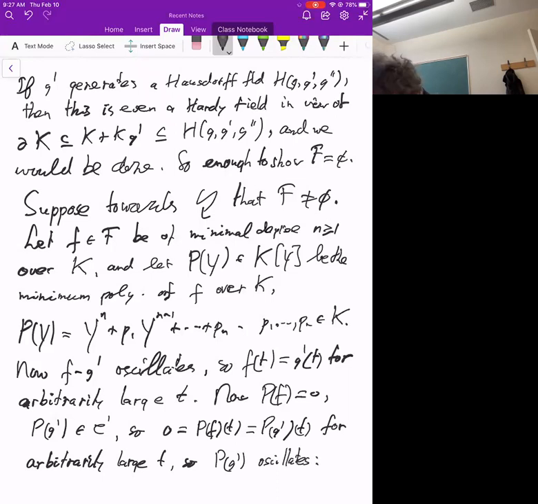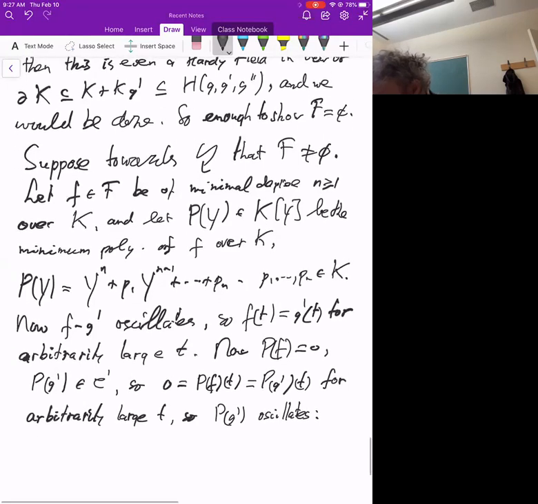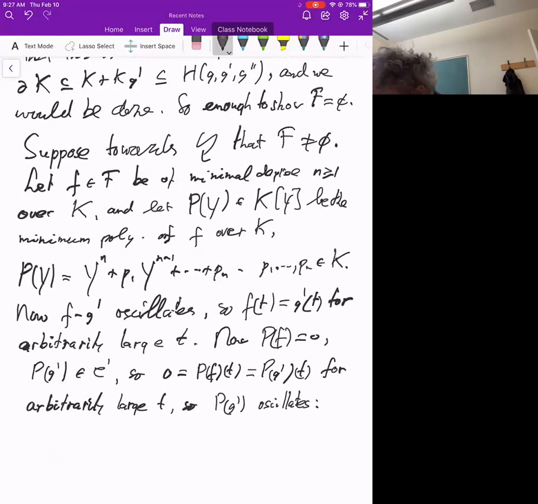Well, the only other possibility would be that P(g prime) is actually equal to 0. Otherwise, so let's just show that. Otherwise, P(g prime) equals 0.